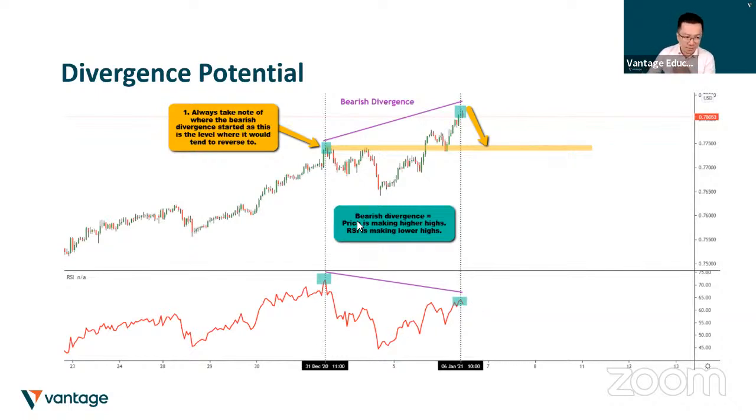So in this case, you see bearish divergence where price is making a higher high and RSI is making a lower high. So what you should be looking for here is for price to trade down towards that support level. Try and draw a straight line if I can. You can see that it got resisted twice.